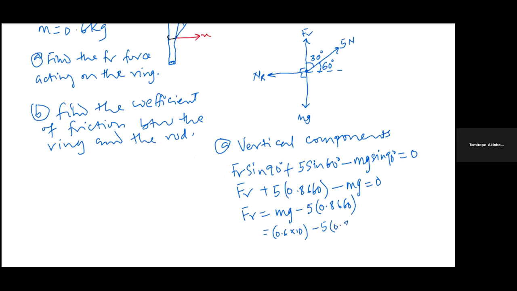So if you multiply that correctly, you will get 6 minus 4.33, and that will give us 1.67 to 3 significant figures, which is the standard in this course. So 1.67 Newton. That's the frictional force.